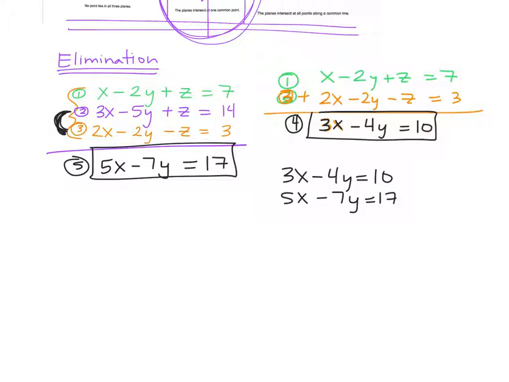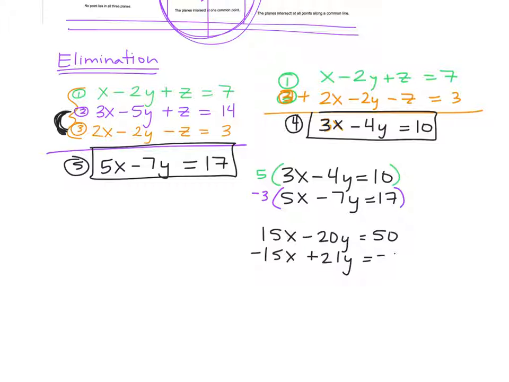So I'm going to multiply this top equation by 5, and I'm going to multiply the bottom equation by what then? Negative 3. Okay, so the top equation is going to be 15x minus 20y equals 50. The bottom equation is going to be negative 15x plus 21y equals negative 51.